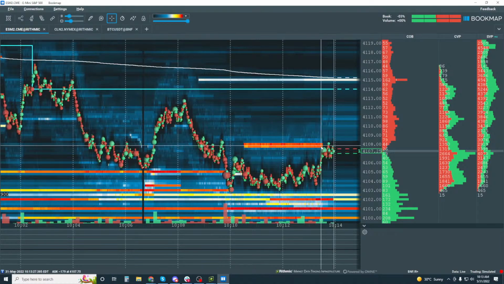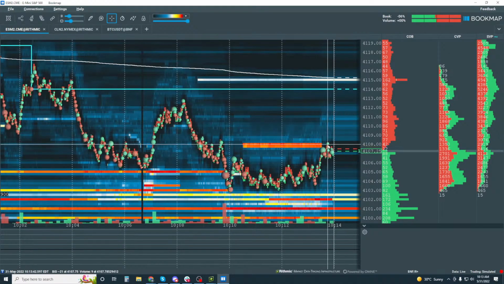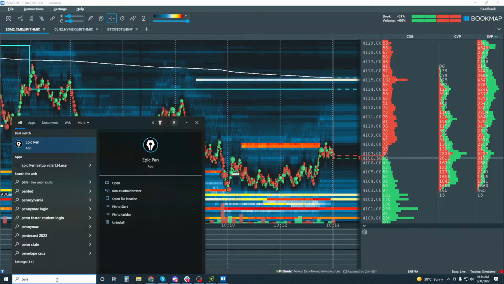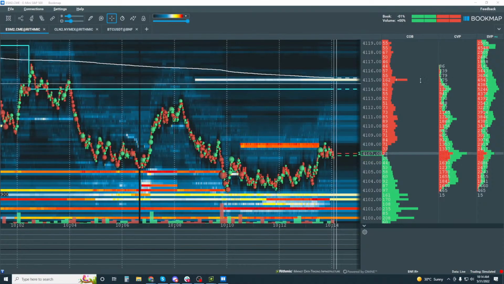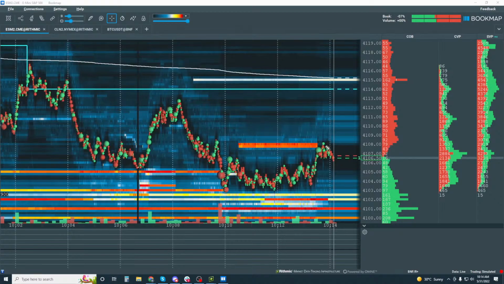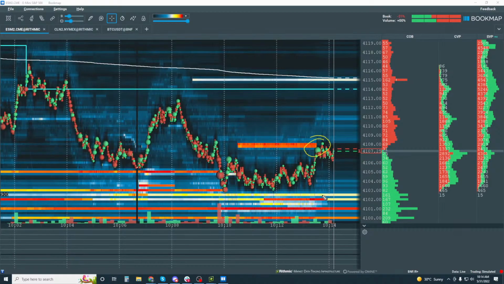Now, if that is the scenario, let me draw it out here, because this is important; we're looking for it. That scenario is up here. We got our buyers up here.